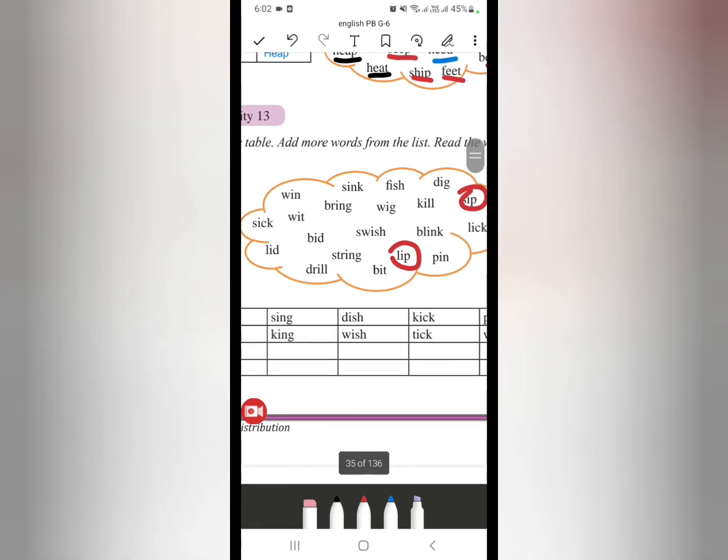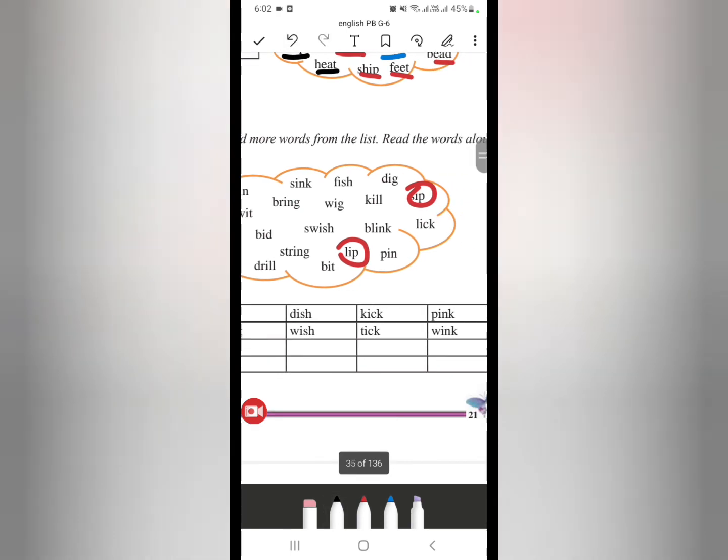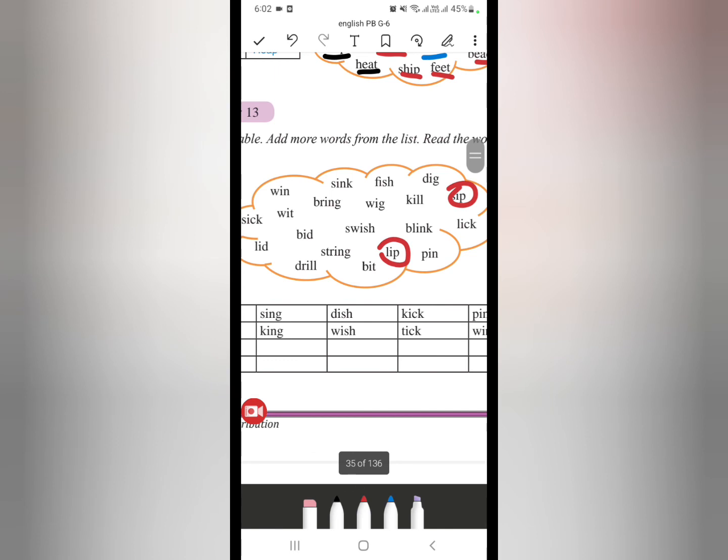Sinking. The word which ends with G, with the same sound. String, bring, string, bring.